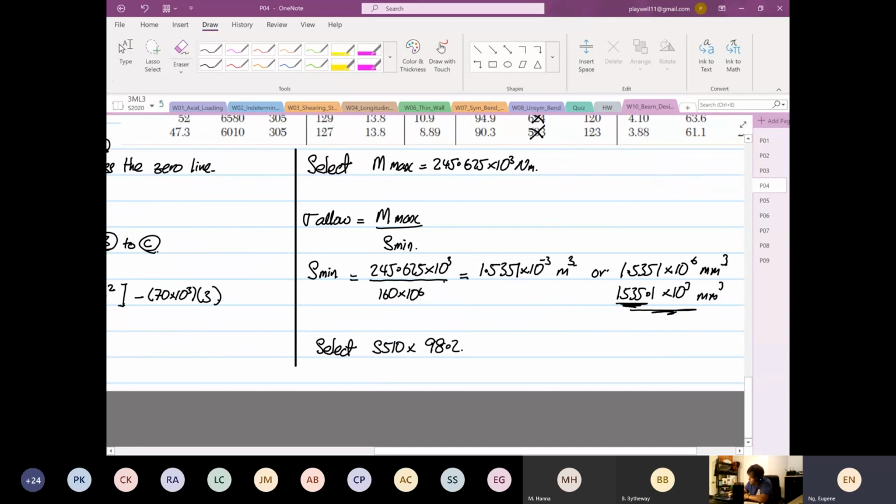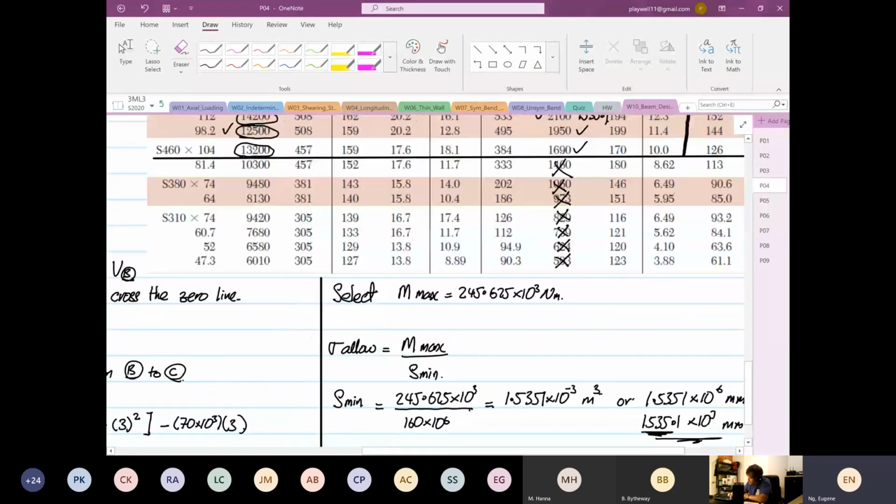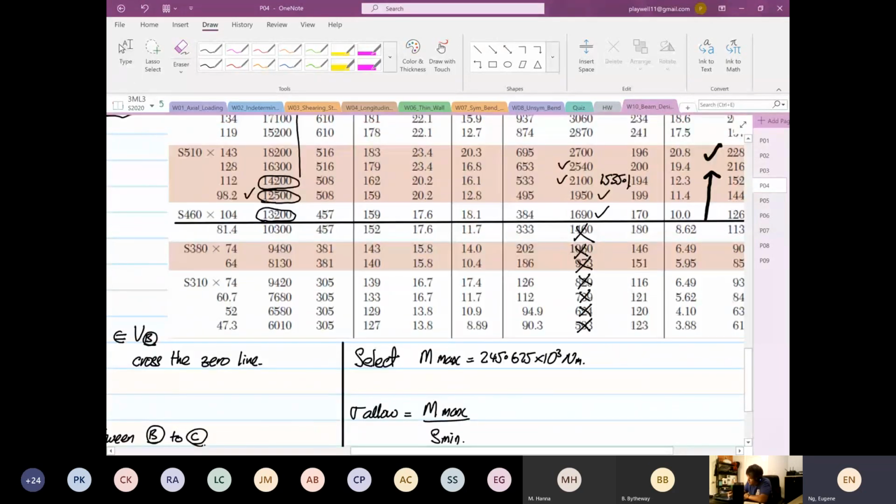Okay, we're going to select this one. And why we select that one is because the cross-sectional area is the what? Is the minimum.